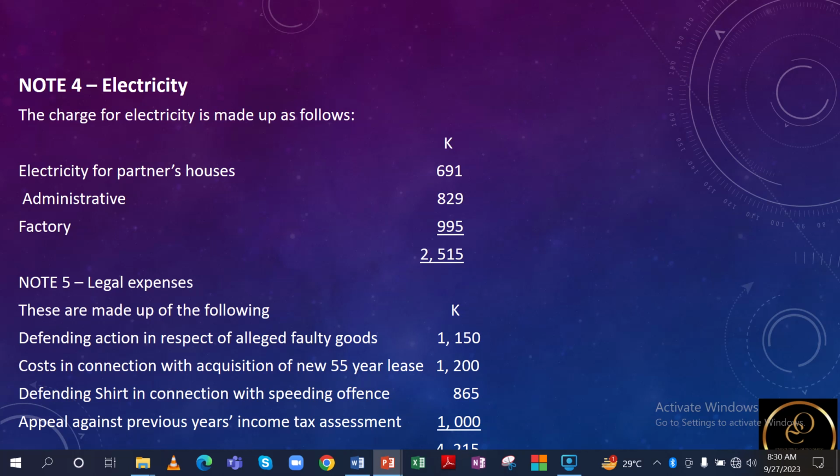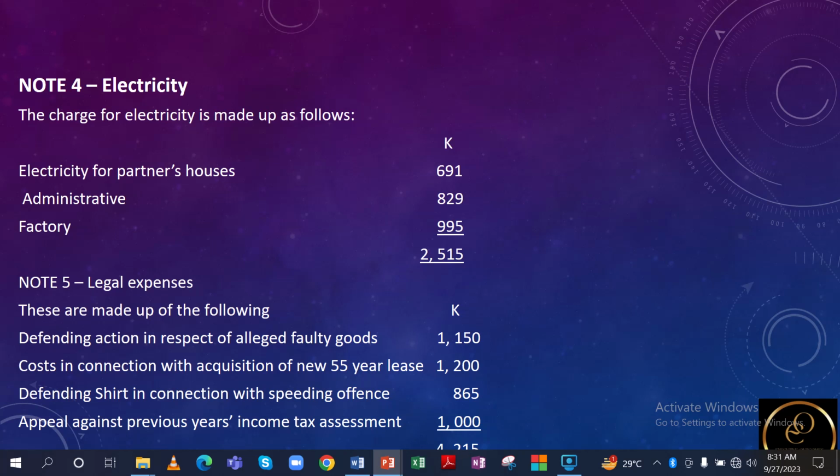Okay, so now we have a number of these. To start with, defending action in respect of alleged faulty goods. The Income Tax Act does not encourage illegalities. Since this is bordering on illegality, it simply means that this needs to be disallowed.